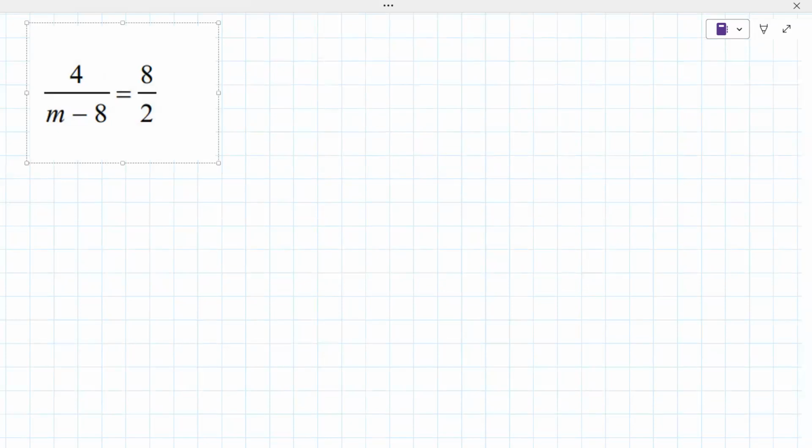Here's a new one for you to try, please. m equals 9.